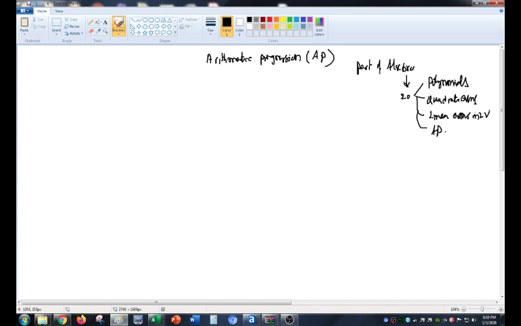So 4 chapters are there. Maybe these 20 marks may be divided equally, or maybe quadratic equations more, whatever. Definitely AP will have 4 to 6 marks. Okay?